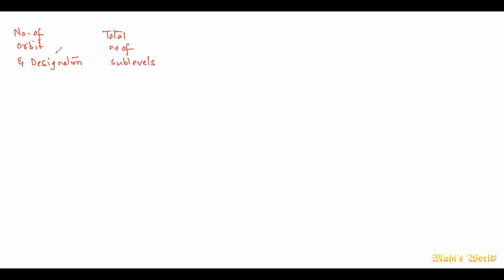When I say number of the orbit, it is of course n. Coming to the total number of sublevels in an orbit, the formula is n only. Next, what are the different values of L that we have? Plus, what is the designation given?